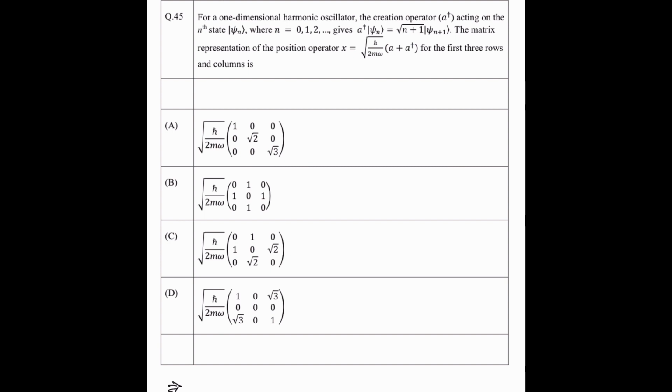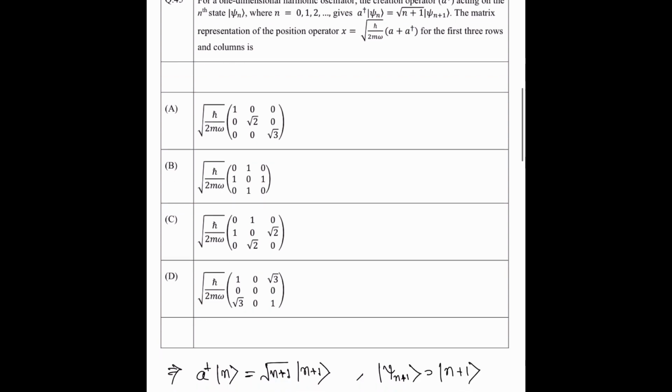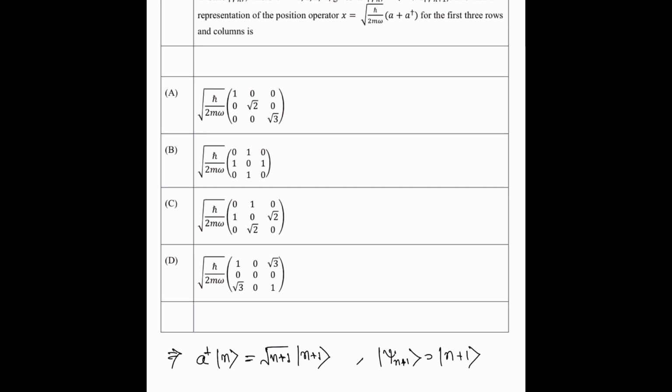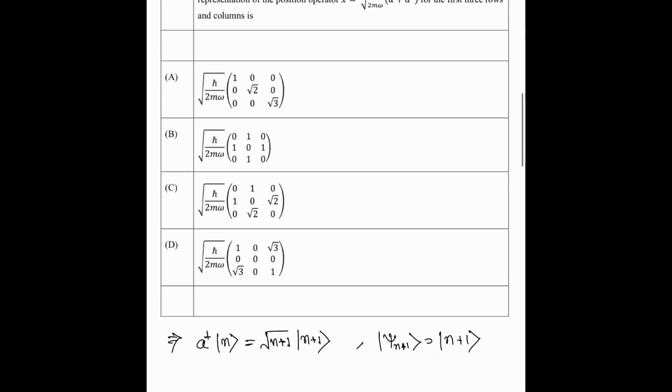A dagger acting on n equals root over n plus 1 times n plus 1. I have written psi n plus 1 as n plus 1 just for convenience.